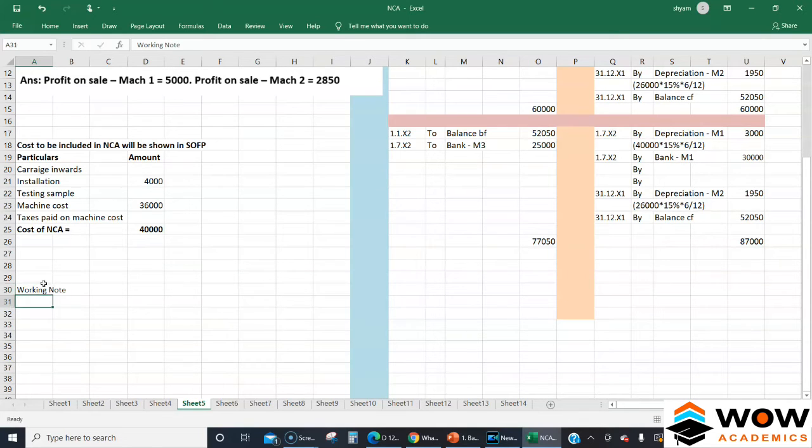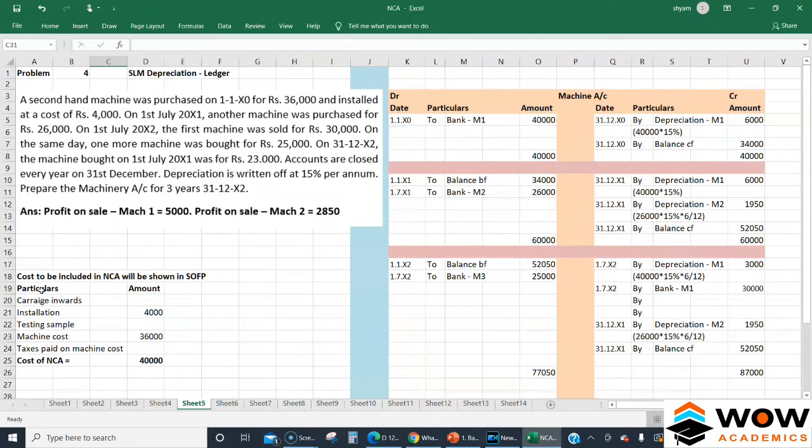The working note is: cost of machine, total depreciation, carrying value, sale value, and then we will get the profit or loss. This is for M1, because there's also another sale of M2 that we have to show later.